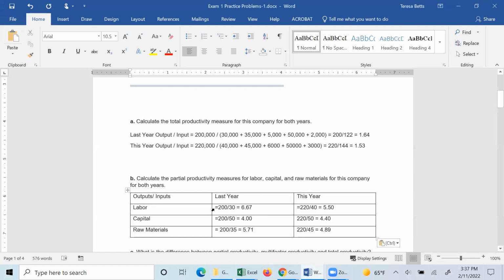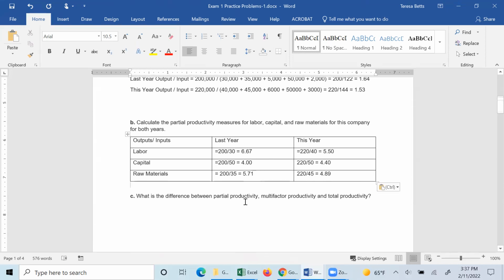And again, we take the 200,000 divided by 30,000 to get 6.67, 200 divided by 50 for 4. So again, the thing to remember is that partial productivity is outputs over one input, not to be confused with multi-factor productivity, which is multiple inputs, but not all.